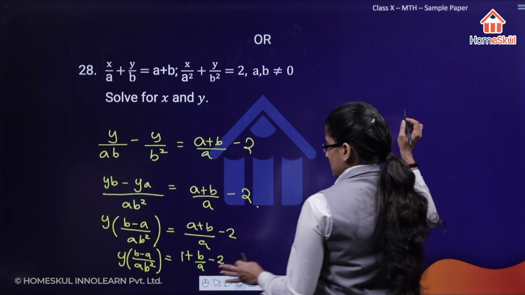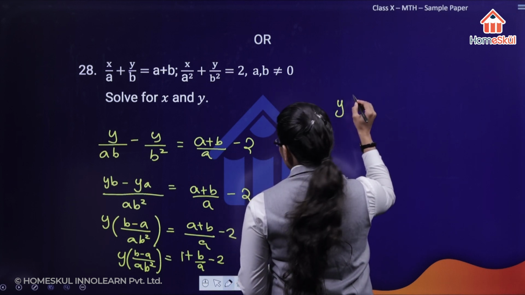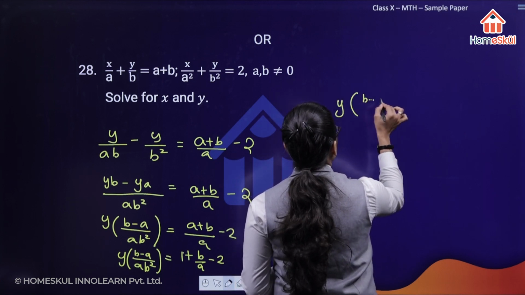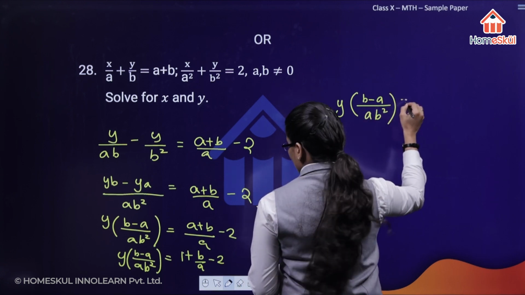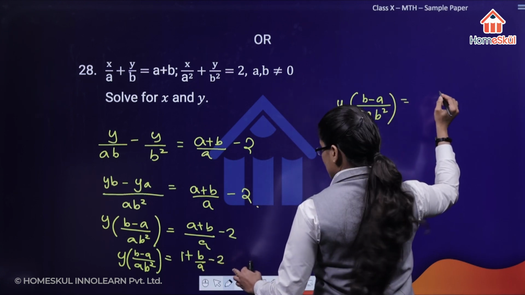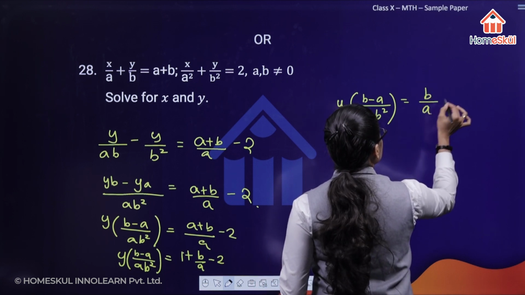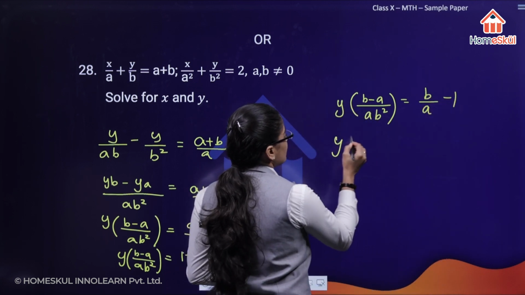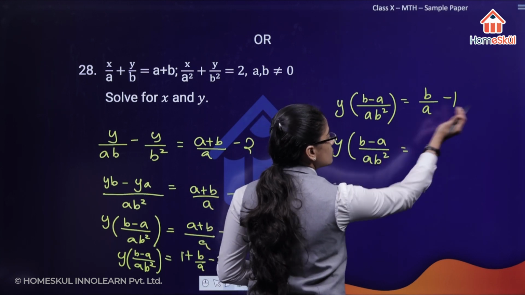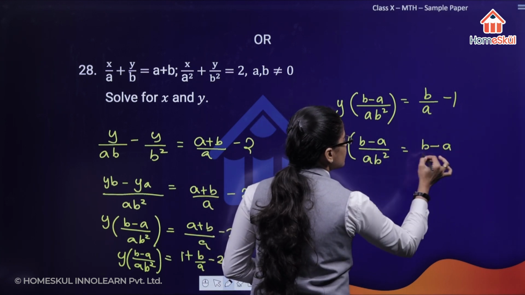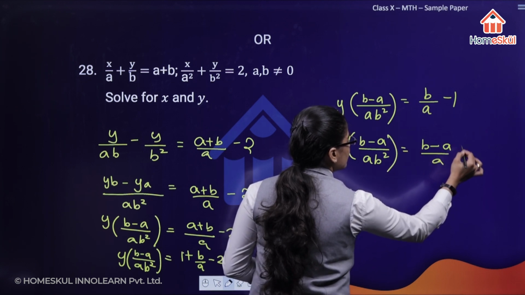So, this equation becomes y times (b minus a) divided by ab square is equal to 1 minus 2, which is minus 1, that is (b minus a) by a, taking the LCM, isn't it?